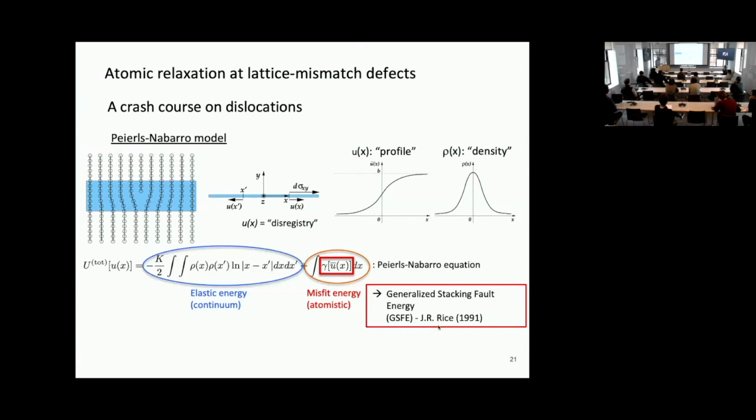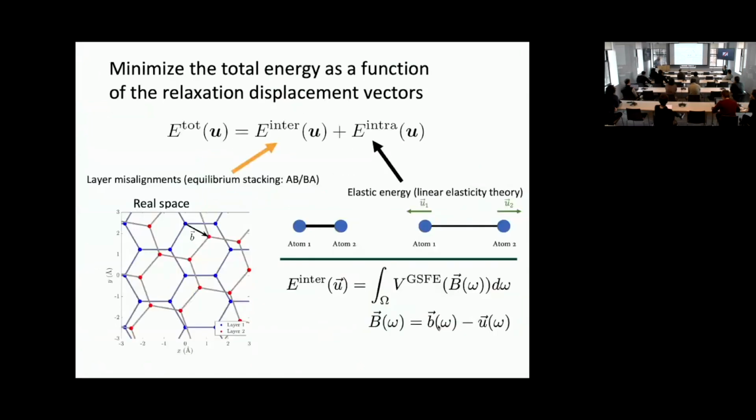That's the generalized stacking fault energy. This energy landscape is what produces this misfit energy. So that was Jim's very important contribution. And I'm going to rely on this concept in the following slides also to justify what we are doing.